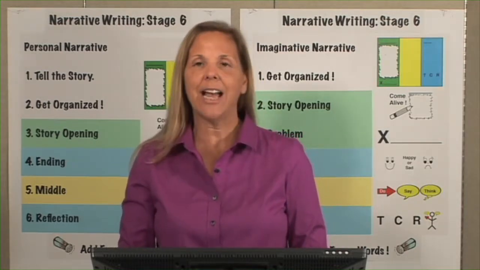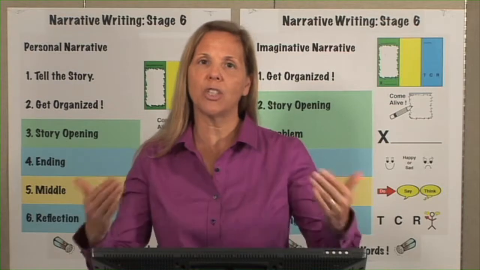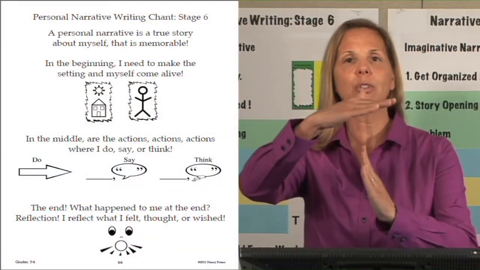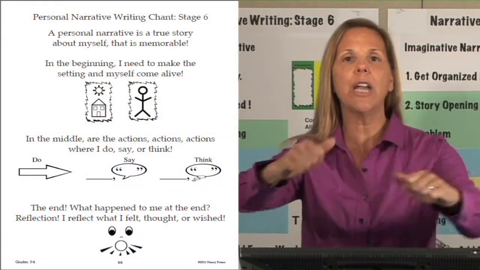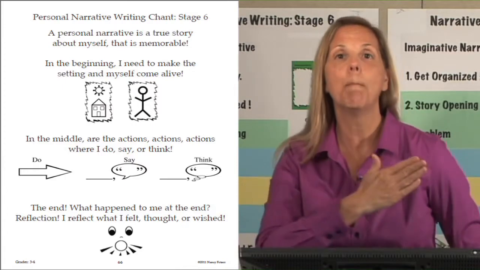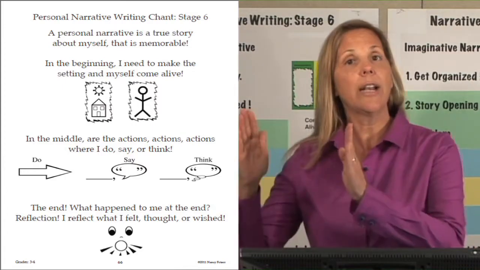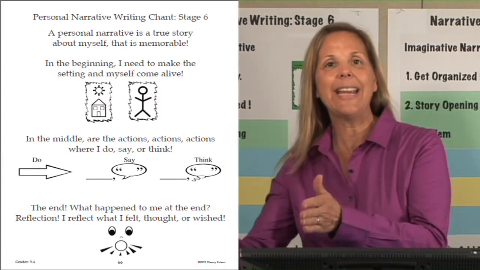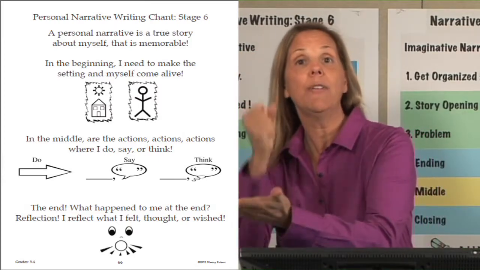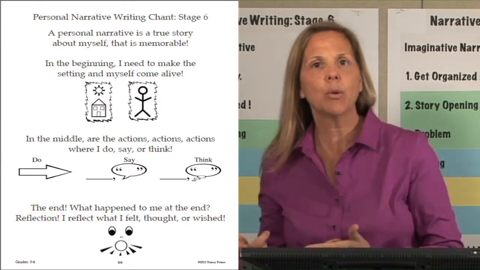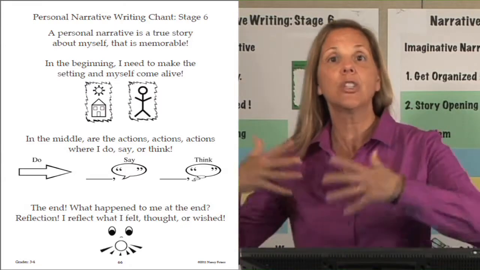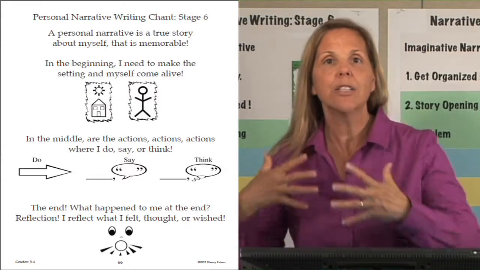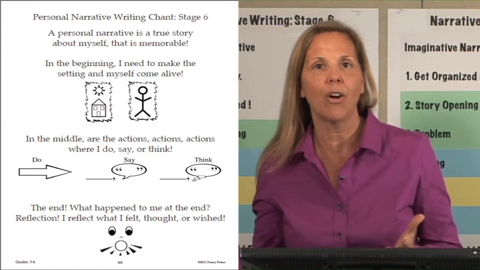So let's say the entire chant so we know all parts of the story. Let's start again. A personal narrative is a true story about myself that's memorable. And we know that it has a beginning, middle, end. Let's go to the beginning. In the beginning, I need to make the setting and myself come alive. And the reason why we need to make them come alive is so that we seem real, so that you understand who we are.